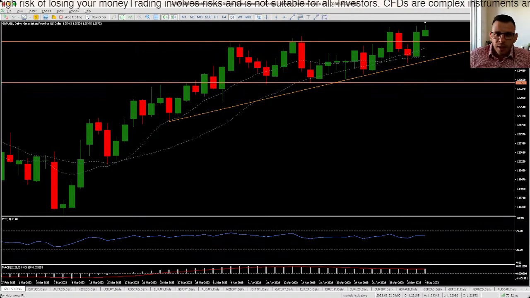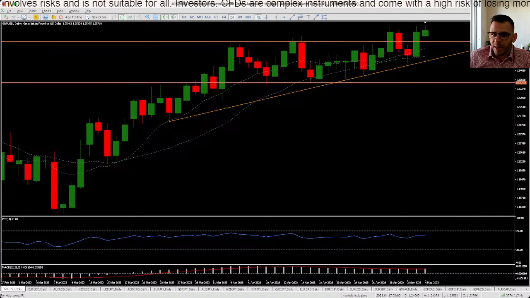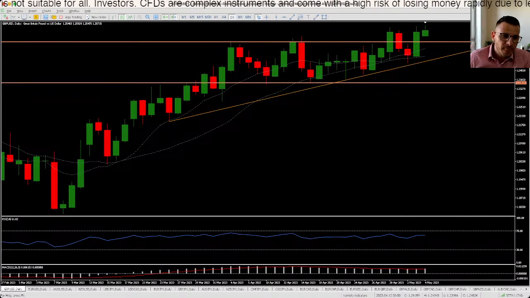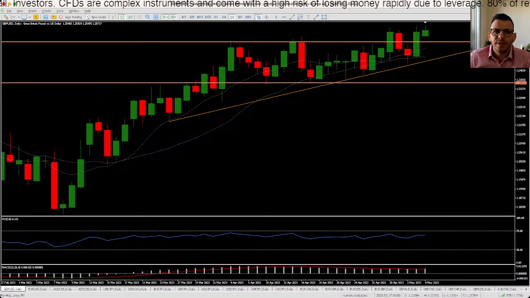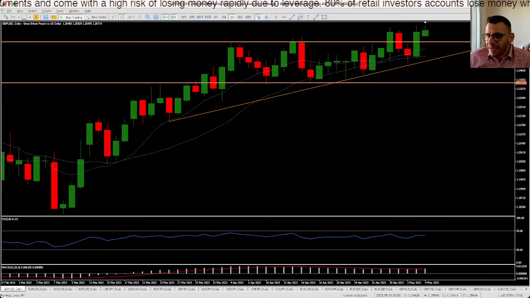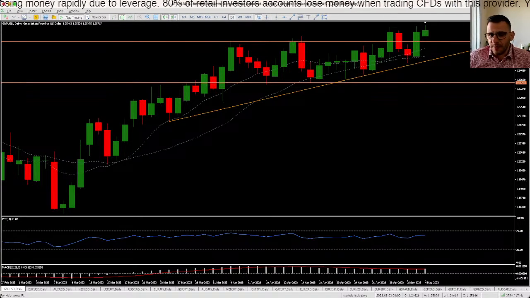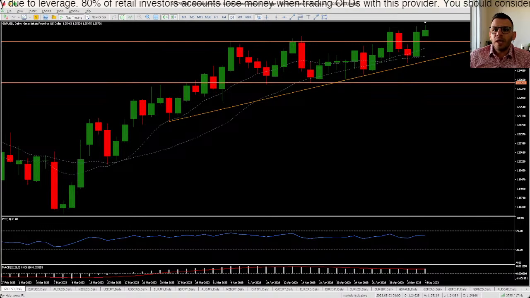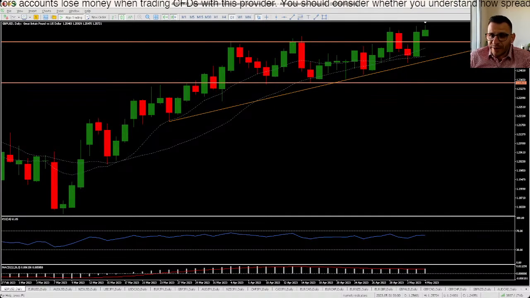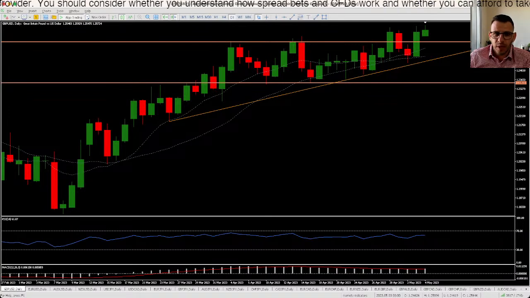Now, let me explain a few things that are really important, guys. First, this is the pound against the US dollar. Yesterday, the Fed increased the interest rate. Now, the price action we saw printed on the chart was a strong bullish engulfing candle.